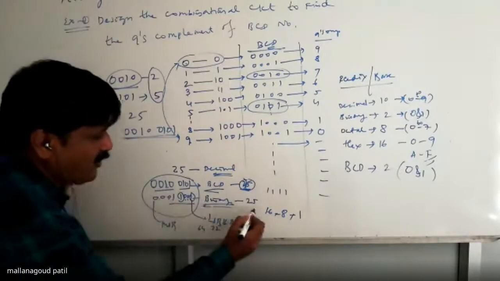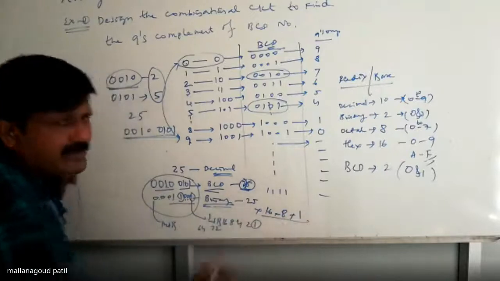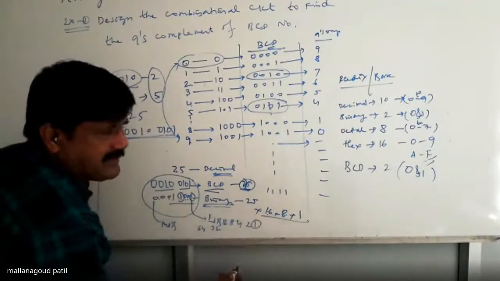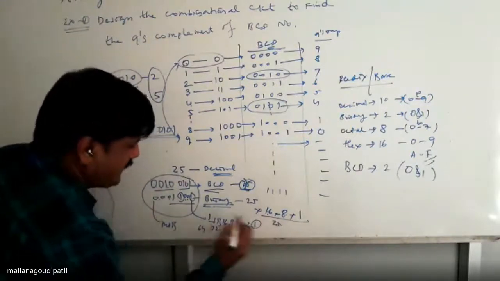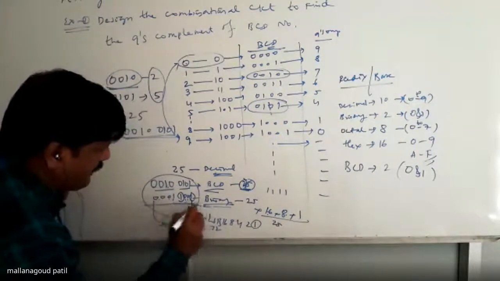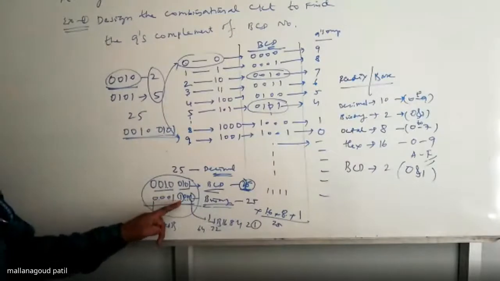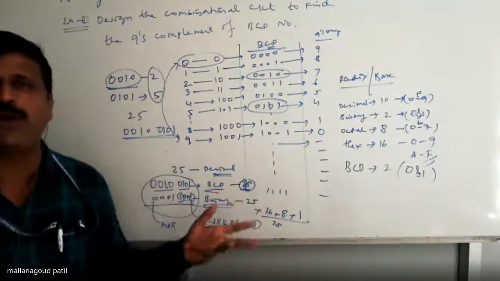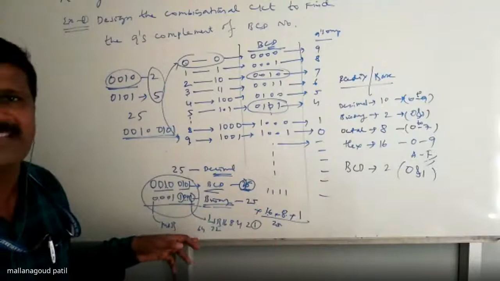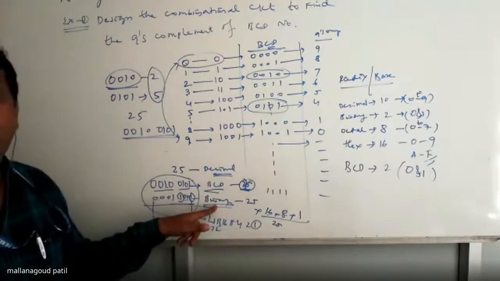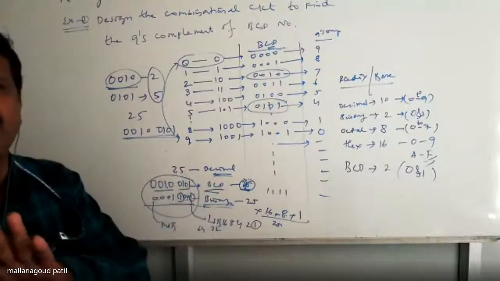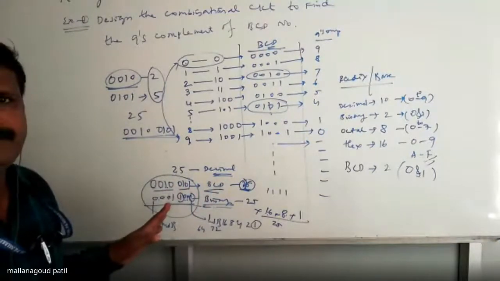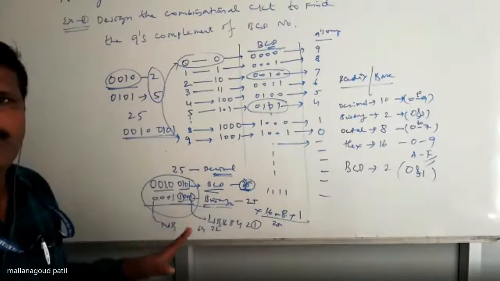The next 3 are there, no, then I can discard. What is the equivalent value for this one? 16 plus 8 is 24, 24 plus 1 is 25. Then 25 equivalent will be 0001 1001. In which fashion have you represented this decimal 25 in binary? What I want to tell here is that binary representation and BCD representation are different. You must know that.